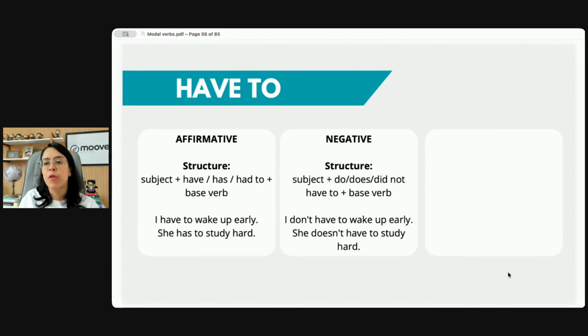In the negative form, it expresses lack of obligation, of course, right? In the affirmative, you have the obligation. In the negative, you don't have that obligation. So I don't have to wake up early tomorrow. I can wake up early tomorrow if I want, but I don't have this obligation. Like tomorrow is Saturday. I don't have to wake up early, but my daughter will make me wake up early.